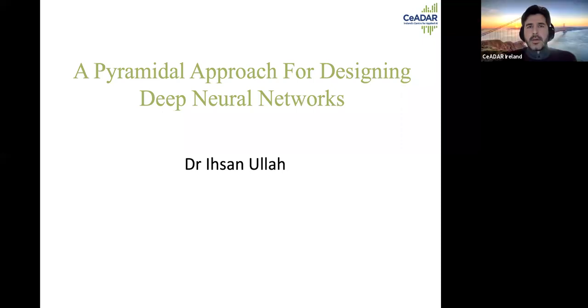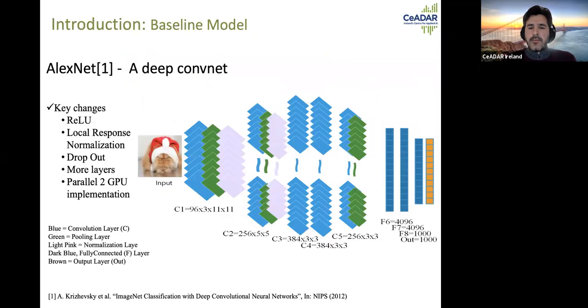You are right, this is not the only way, but it is one of the possible ways to start with. As I mentioned, if I am a newcomer and I look at this network, there are 96 kernels, 256 and 384. I don't have an answer why 96 or why 256 or why 384.